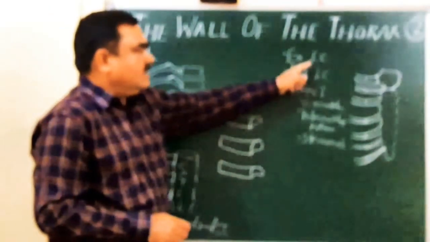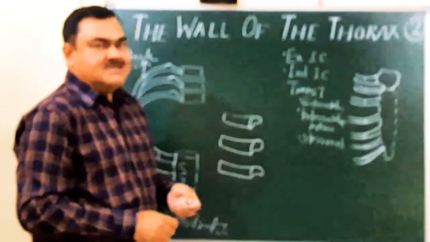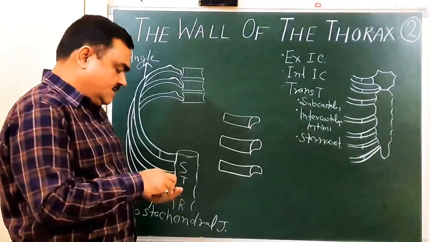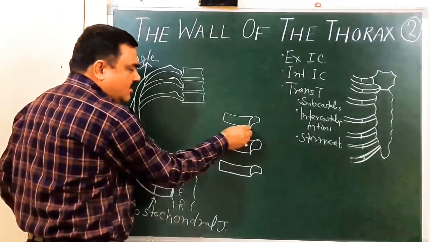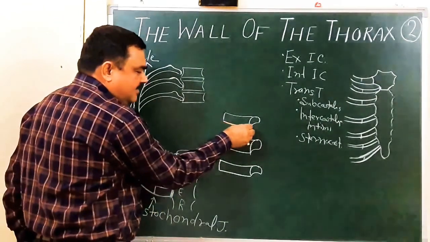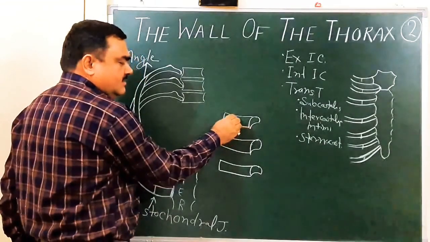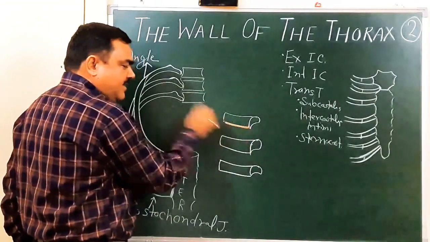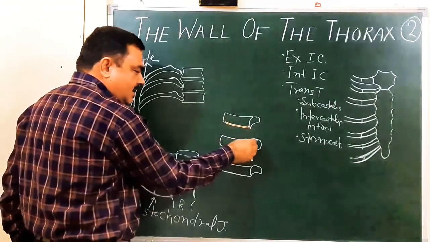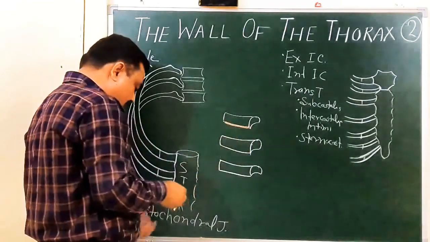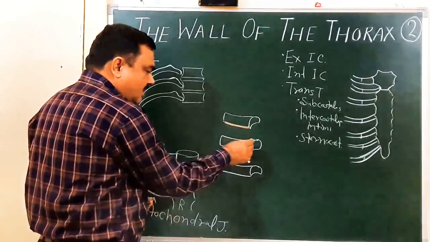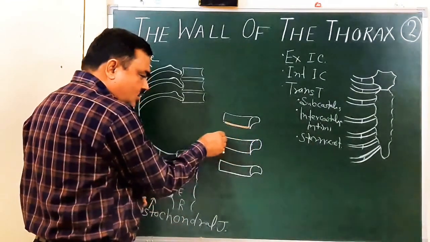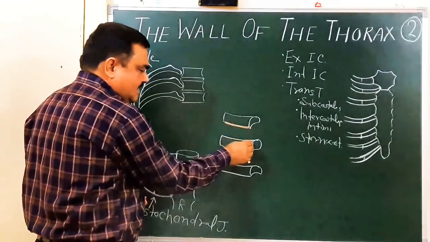External intercostal muscle. It takes origin from the lower border of upper rib. This is upper rib. This is lower border of the upper rib. This is lower rib. Lower rib has upper border. This upper border has two lips.